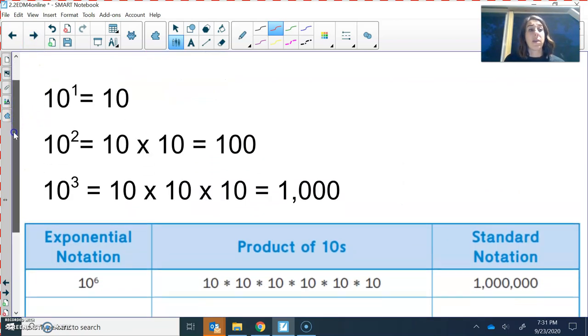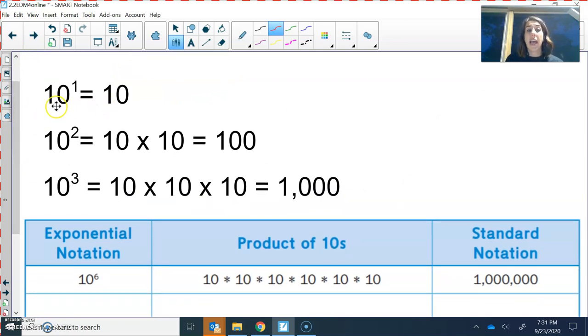So, for example here, if we have 10 to the first power, that means that the base, which is 10, is going to be multiplied one time, just once. And so there's nothing else here. It also equals 10 because it was only being multiplied once. If I have 10 to the second power, that means that 10, our base, is going to be multiplied 2 times. 10 times 10.